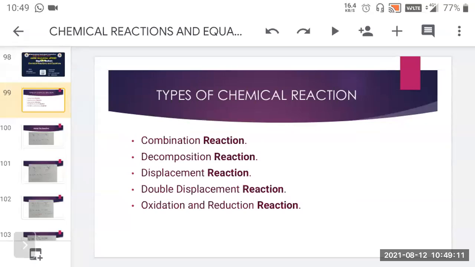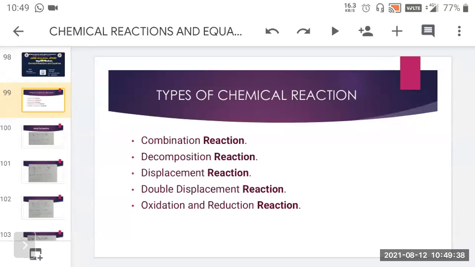Then comes the single displacement. We study the reactivity series, both the reactivity series of metals and non-metals. Why is this important in single displacement? Because on the reactant side there will be one compound and one element. The element which is going to replace should have the higher reactivity.